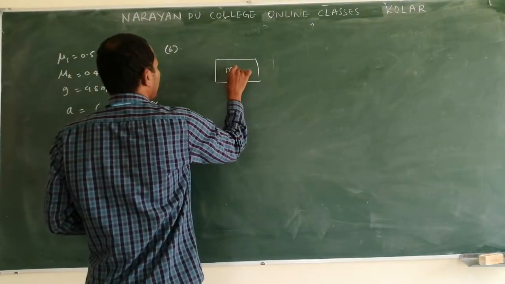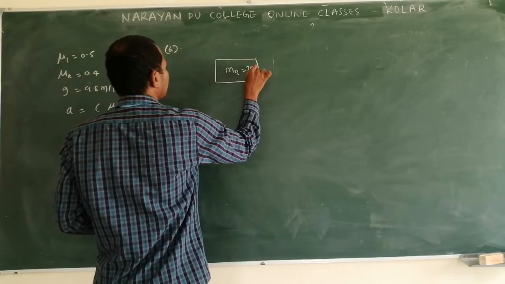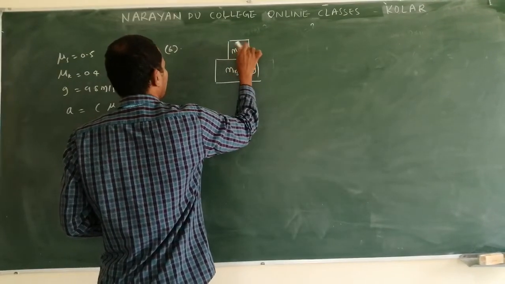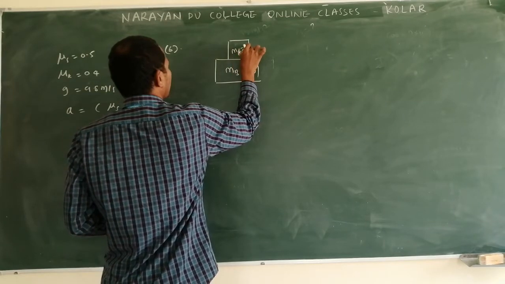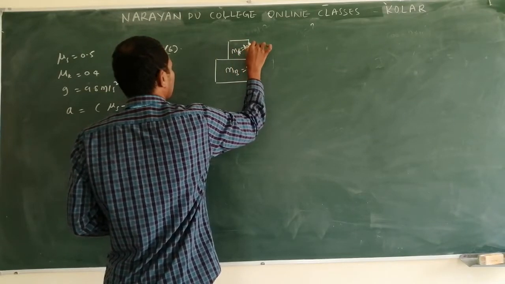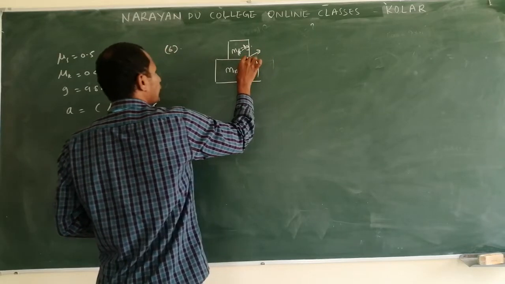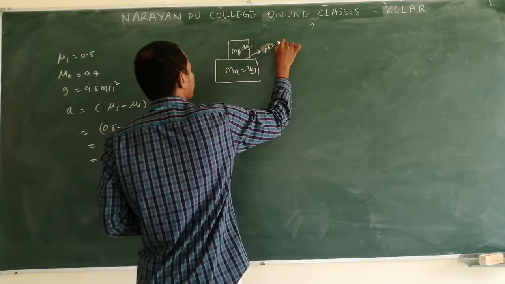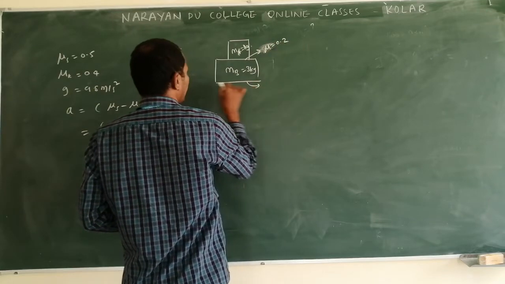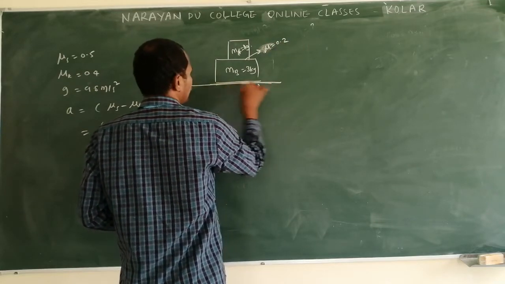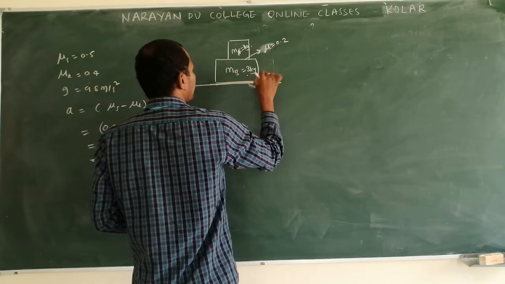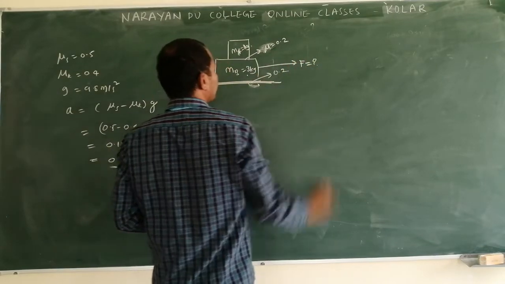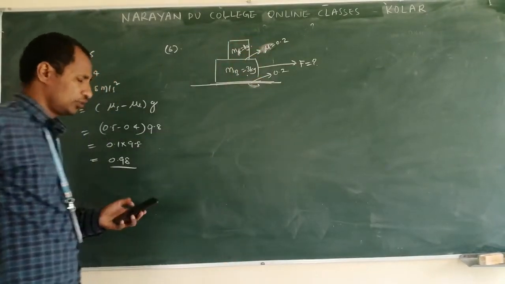This is mB is 3 kg and here mA is 1 kg. Coefficient of friction between these two is mu 0.2. Between the surface of the table and mass B is 0.2. F is applied so that both the blocks will move.